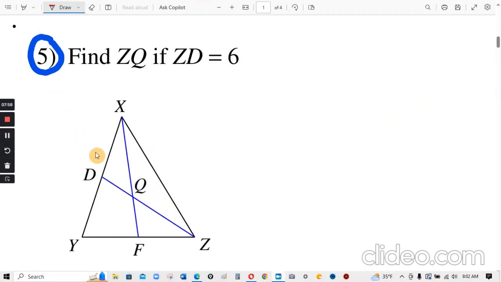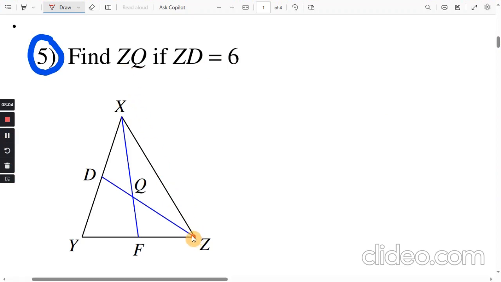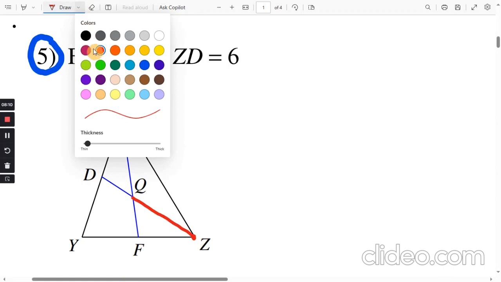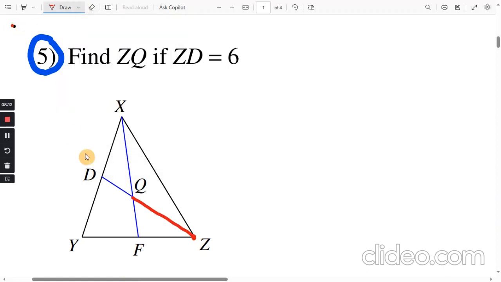All right, let's look at number 5. They want us to find ZQ if ZD is 6. So ZQ, if we go from Z to Q, that's that portion right there. Now, we said at the beginning that the point where the medians meet is called the centroid. So we can see the medians meet right there at Q. Q is the centroid.